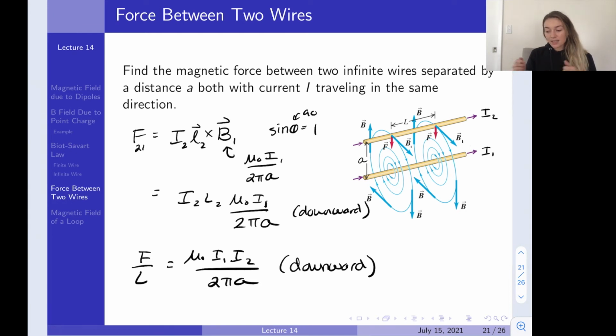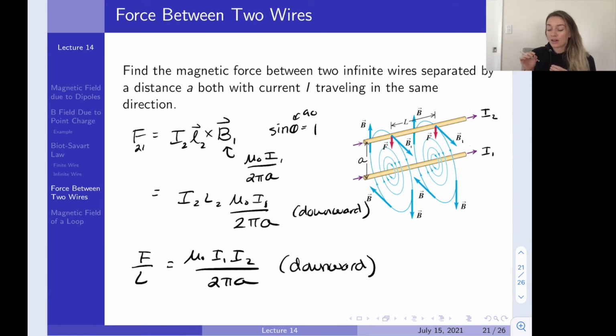Okay, so we can see now if we did the same thing where we reversed it and wanted to find the force on current 1 from current 2. Now I highly recommend that you do that yourself and see that you can use the right-hand rules correctly because there's two different right-hand rules we use in this problem.